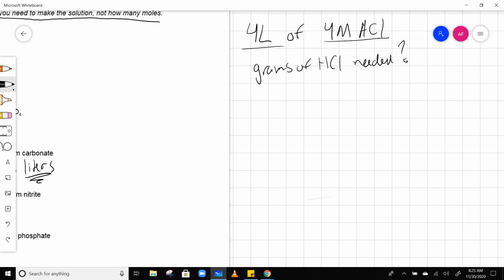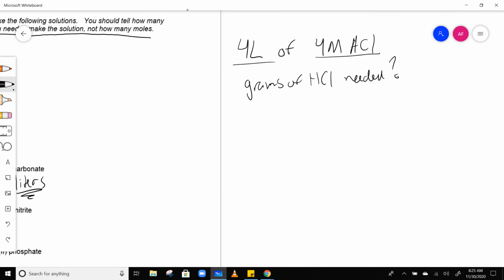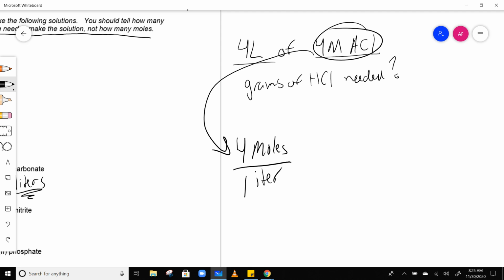And molarity, so this one is 4 moles over 1 liter. That's the molarity. 4 molar means 4 moles in 1 liter. We want to figure out how many moles of HCl we need first. So we're just going to multiply the molarity times the number of liters.